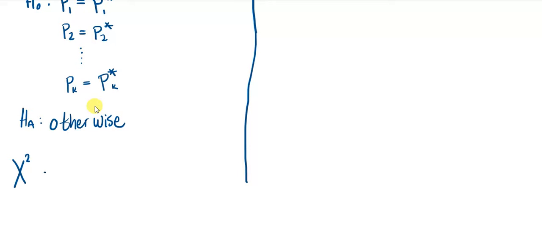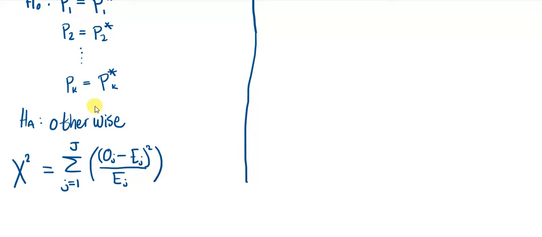Our test statistic is equal to the sum over all j categories, lowercase j equals 1 to capital J, of Oj minus Ej, squared, that's the numerator, divided by Ej. This is our test statistic, and it is distributed chi-square with capital K minus 1 degrees of freedom.